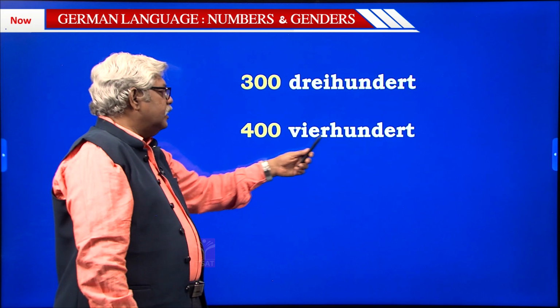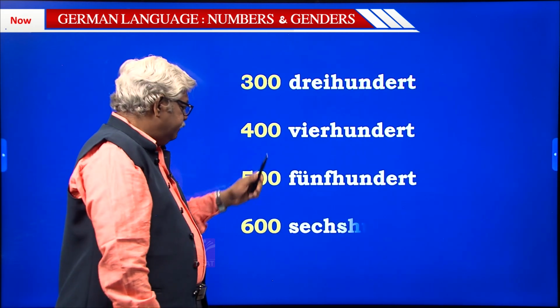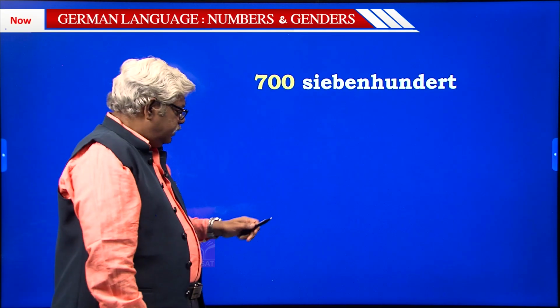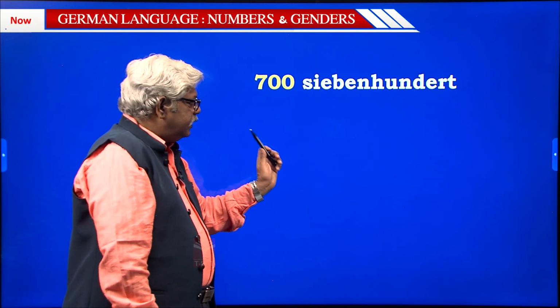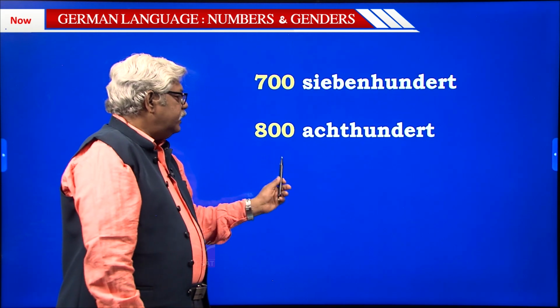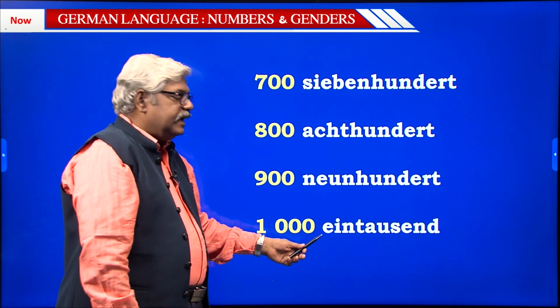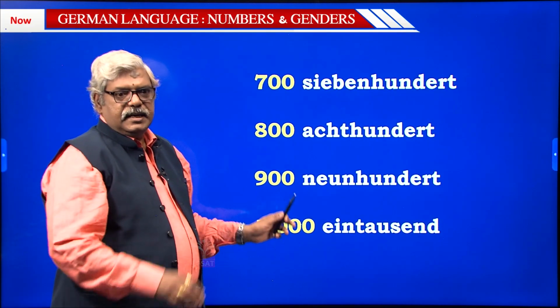Then 400. Then 500. Then 600. Then 700. Then 800. Then 900. And finally 1000.